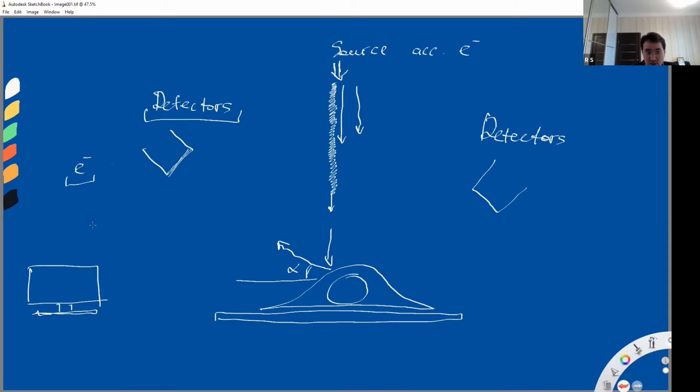So all this information goes to your computer, and it's computing the shape of the object, and it starts building it. And because we have detectors that are placed in a 3D space, so we have several detectors, and they catch all these electrons, they can build a 3D structure.